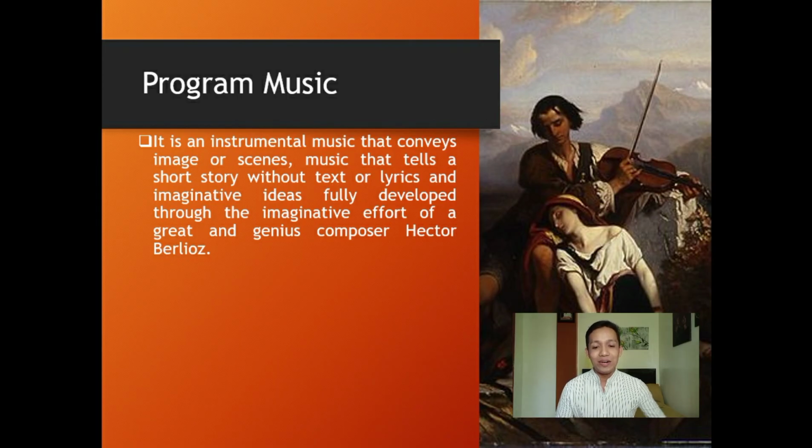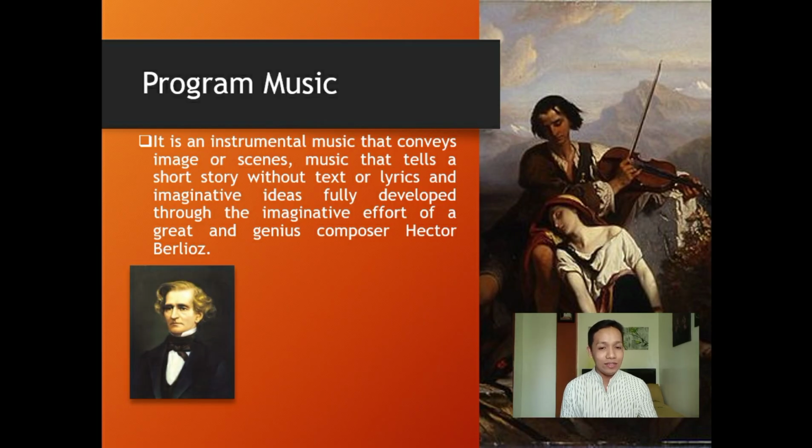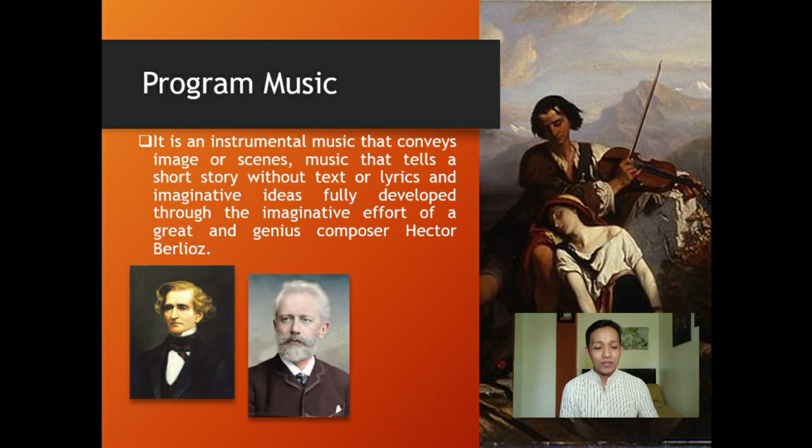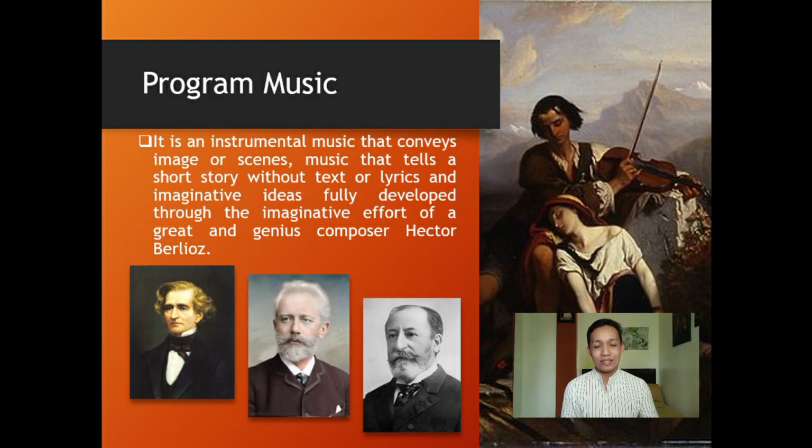Special mention, Hector Berlioz. This form of instrumental music during the Romantic era is dominated by three prominent composers. These are, of course, Hector Berlioz, Peter Ilyich Tchaikovsky, and Camille Saint-Saëns.